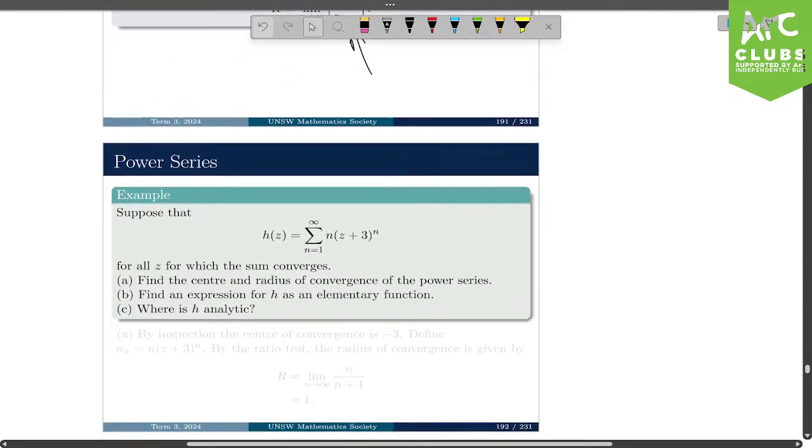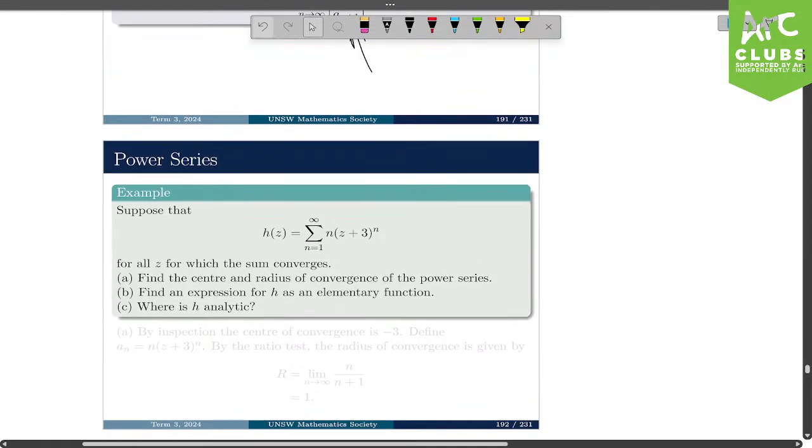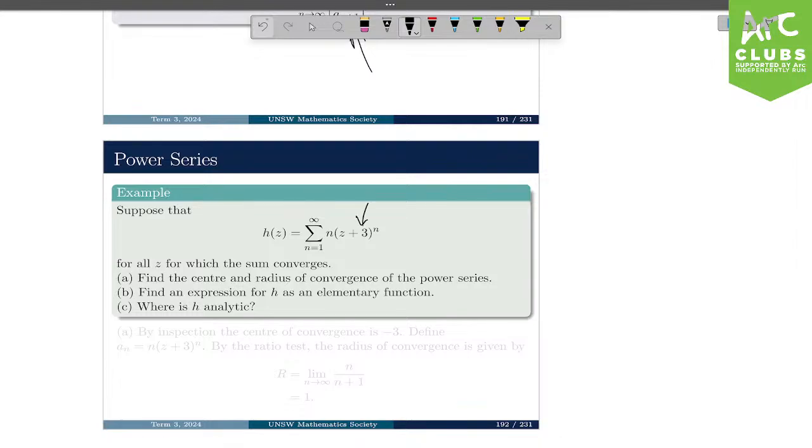All right? Moving forwards, we can just apply this immediately. So let's find a center and radius of convergence for this power series. I found the center. It is -3. And the radius of convergence, well, it is going to be equal to 1.